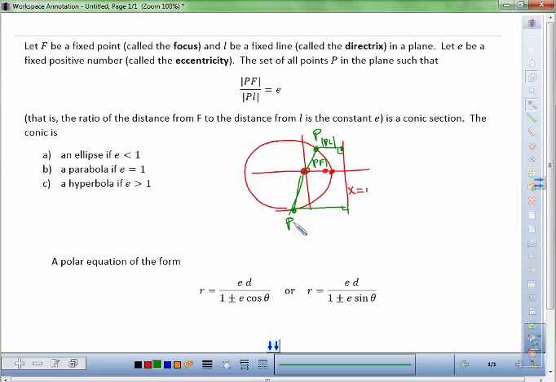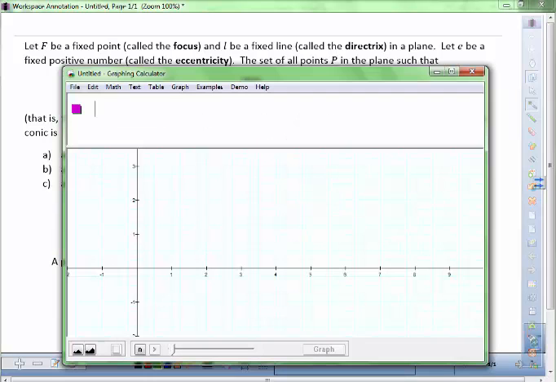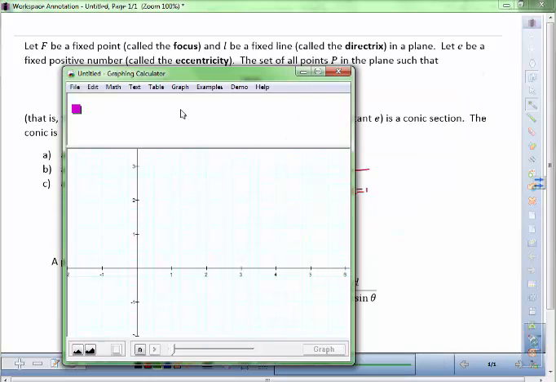Okay, so first let's take a look at some pictures of this, and I'm going to focus on the 1 plus eccentricity, not e, the number e, but the eccentricity times cosine of theta. So I'll use a quick graphing program for that.